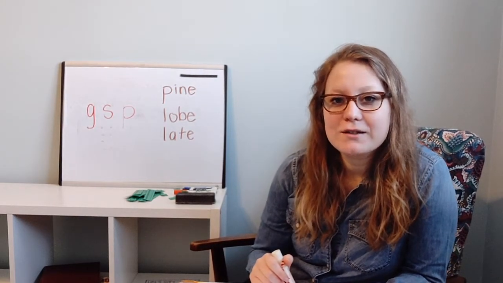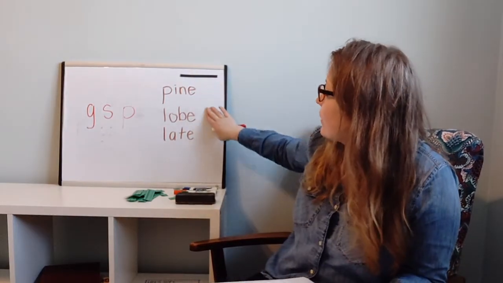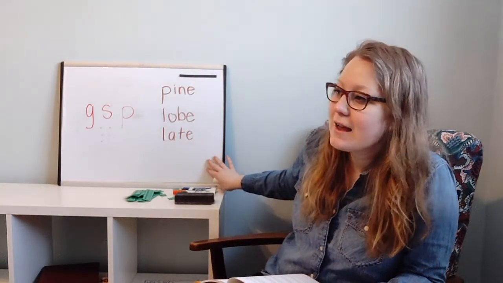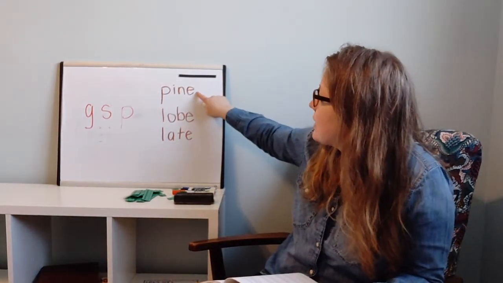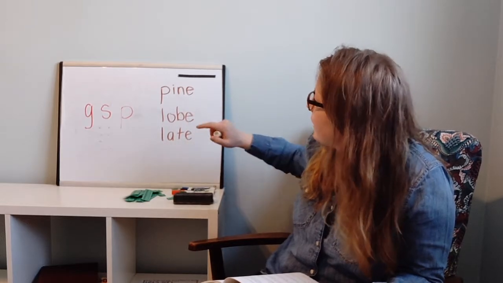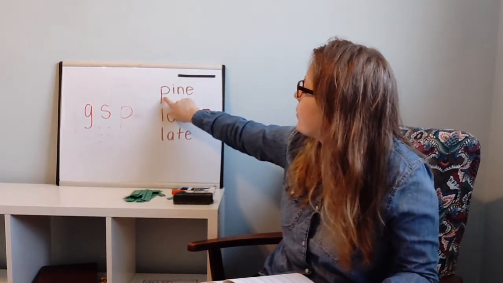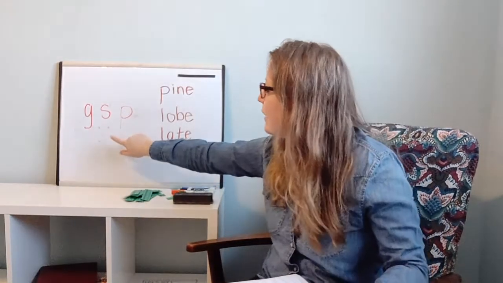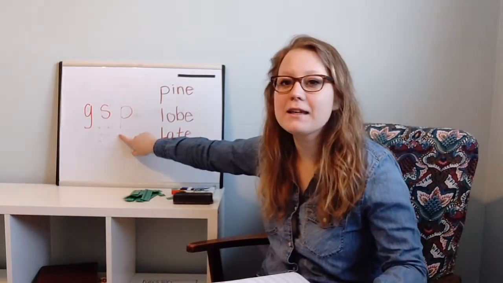What I want you to do right now is take a look at the words that I have on the board here. I have silent E words on the board here, but they don't have an initial blend. There's only one consonant. But I have another consonant on the side here.